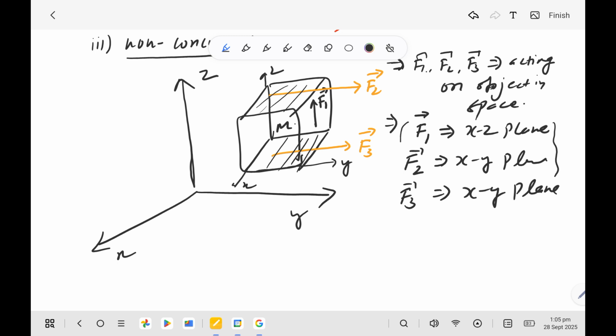So the group of forces are not acting in a single plane, they are acting in different planes. It means the forces are non-coplanar in nature.